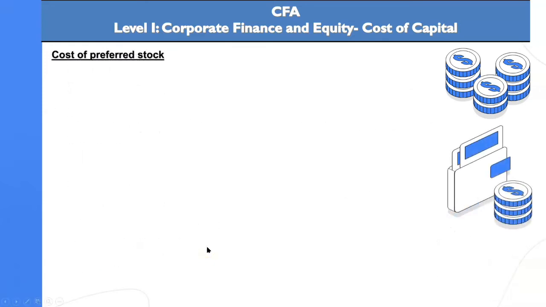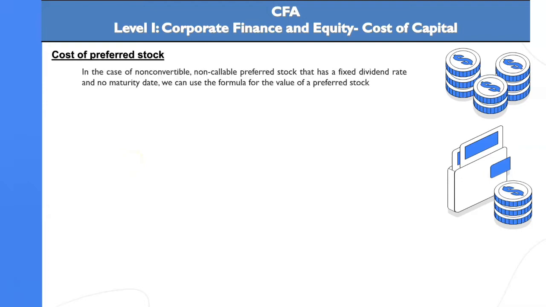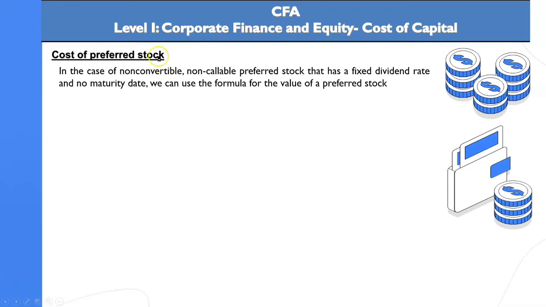Now let us move on to the preferred stock as one of the shapes of the capital structure of the company, because the company could be financed by debt or common stock or preferred stock. The preferred stock normally pays dividends. So if we have a non-convertible preferred stock, that is, one that cannot be converted into common stock and become permanent or part of the shareholders' equity, there is no such right.